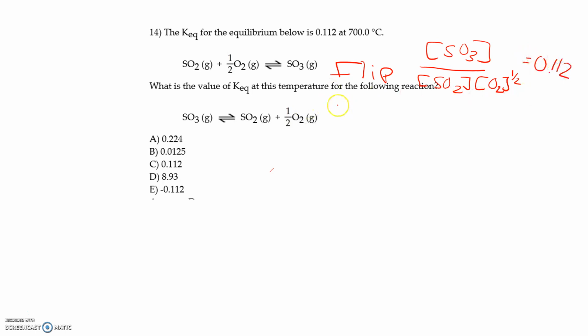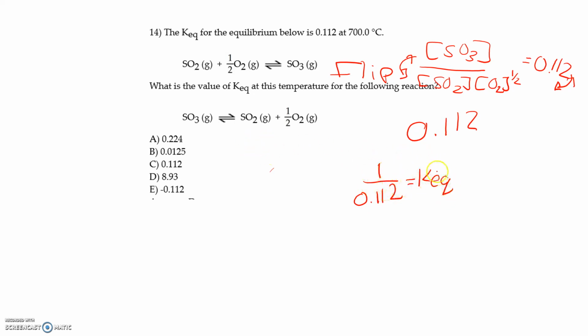This one is literally the opposite, right? It's the exact same equation except it's been flipped. So if I flip the equation, I would also flip the equilibrium expression, which means instead of it being 0.112, it's going to be 1 over 0.112 equals the Keq for this equation.